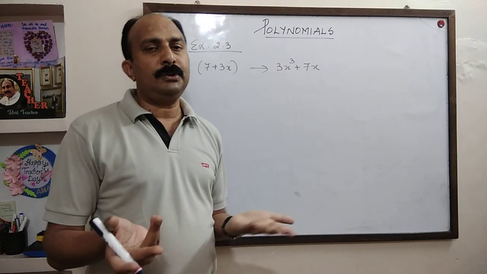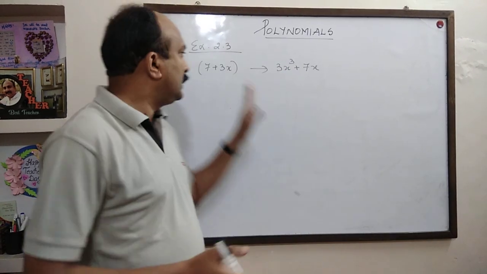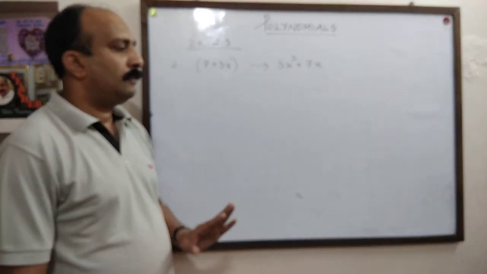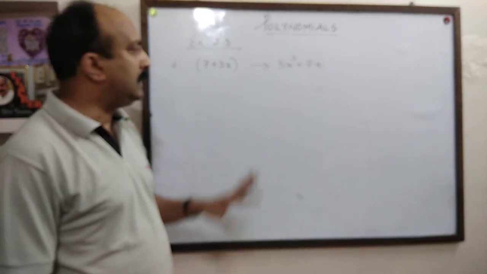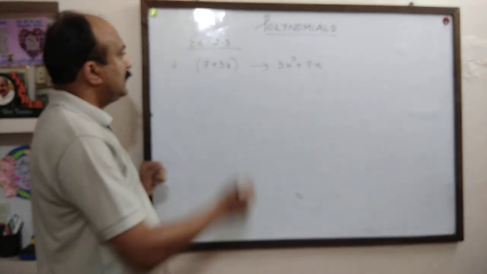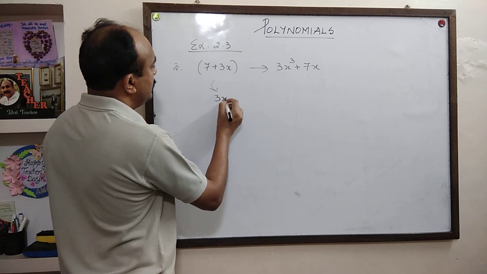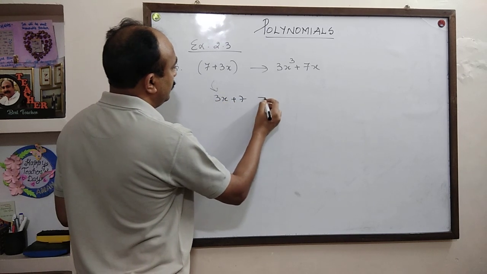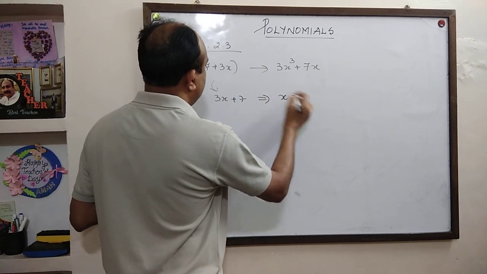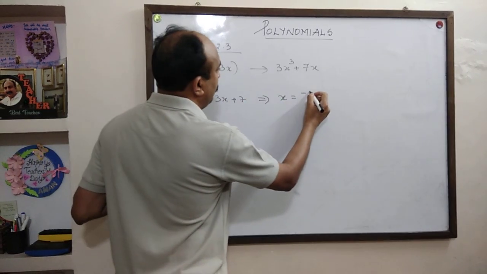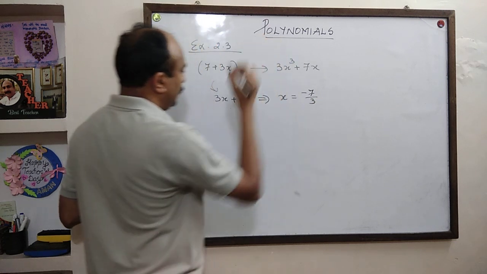If the remainder is not 0, our answer is no, this is not the factor of this. So what we have to do ultimately is to find the remainder. 7 plus 3x, or it can be written as 3x plus 7, means putting 3x plus 7 equal to 0, x is equal to minus 7 upon 3.